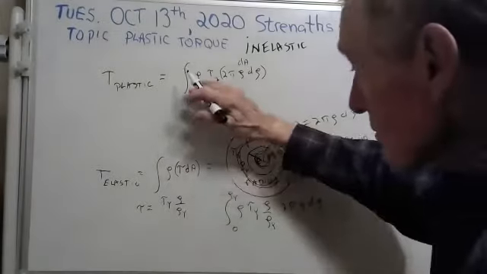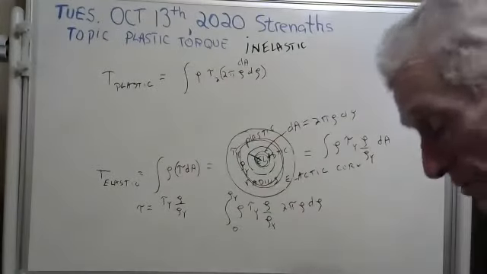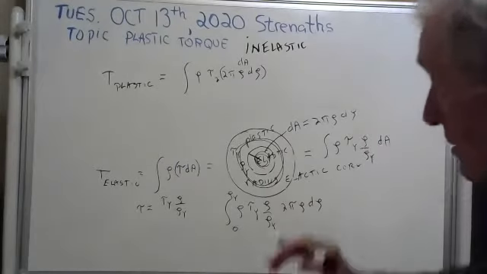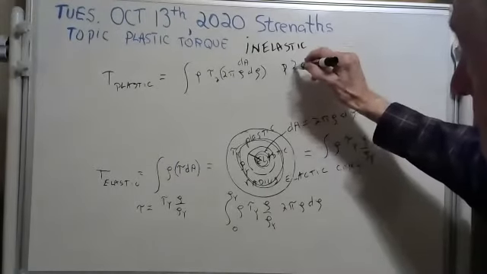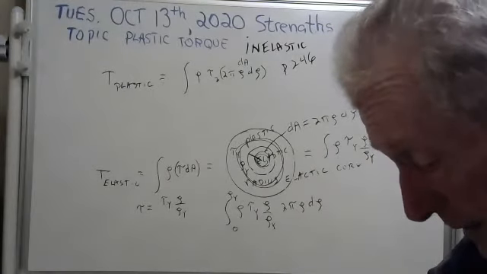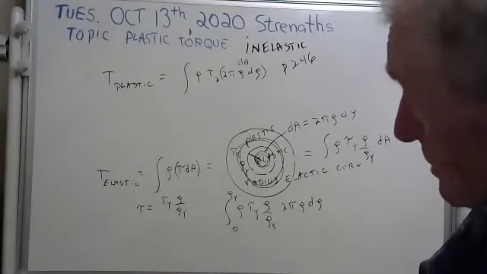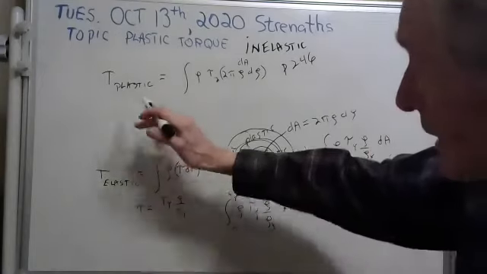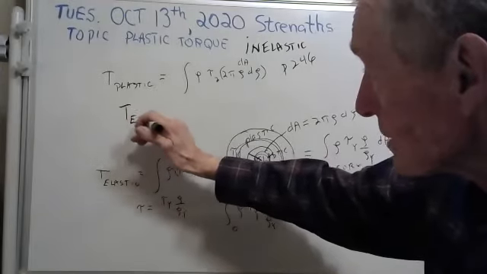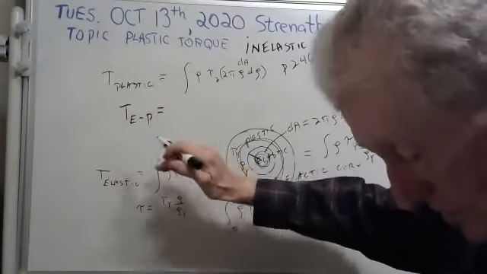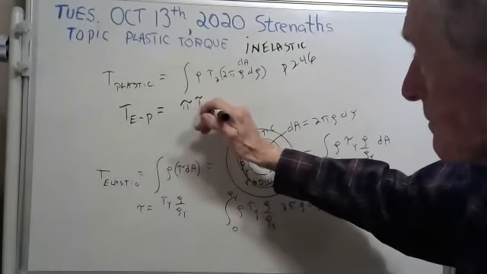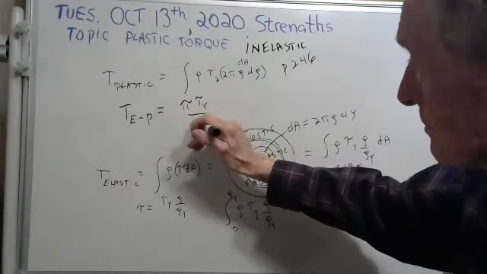Now, if you'll take this and you'll add it to this, you will get what they have on page 246. And instead of going through all that boring algebra there, can we just cut to the chase and give you the result? Here it goes. This is the elastic plastic torque. It is equal to this.